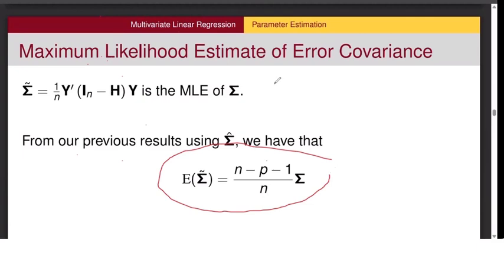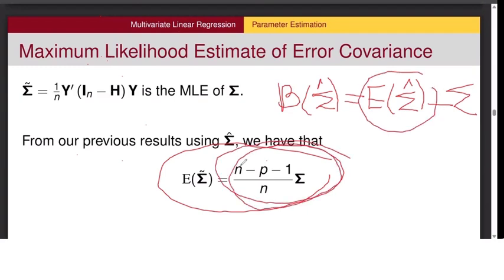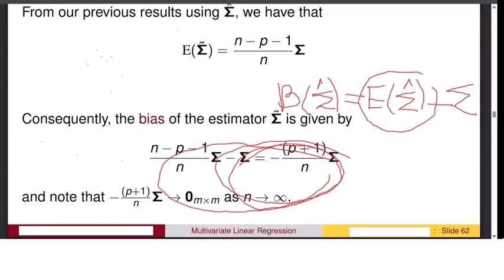But if I actually want to figure out the bias, the bias of an estimator is equal to the expectation of the estimator minus the population parameter. And this guy is this expression here. So if you take that expression minus the true covariance, you know what you're going to have. I'm going to show you what you're going to have. What you're going to have is this guy here.